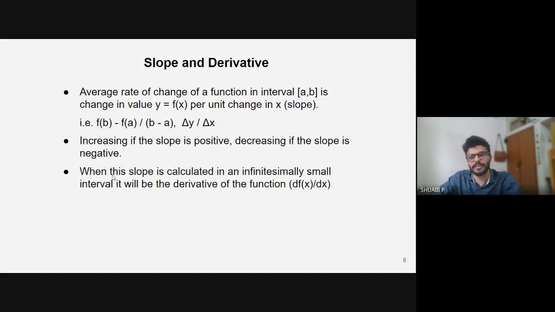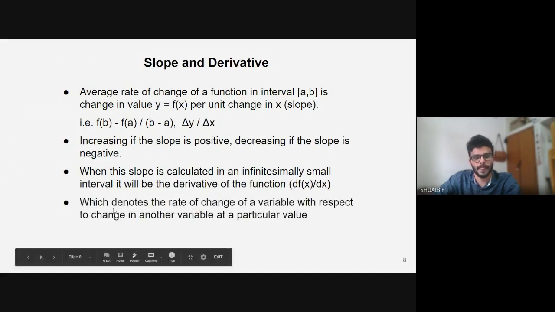So we can think of this slope in a really small interval. When this interval a b is really, infinitesimally small, this can be called the derivative of the function, which is df of x divided by dx, or dy by dx.